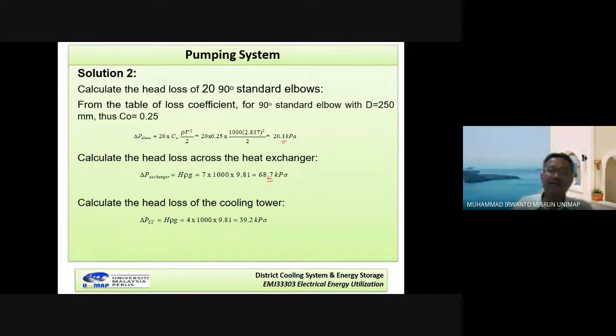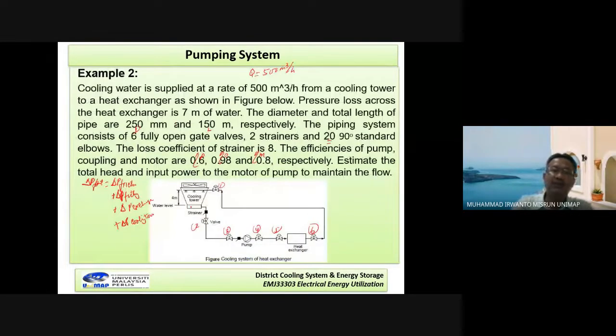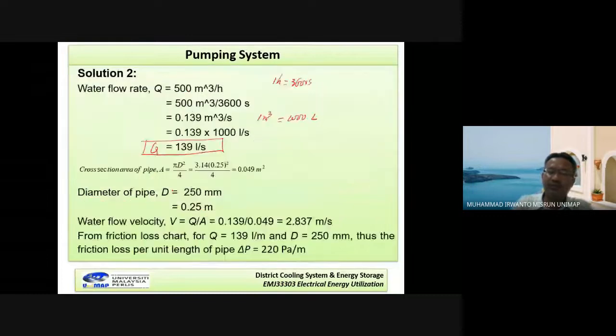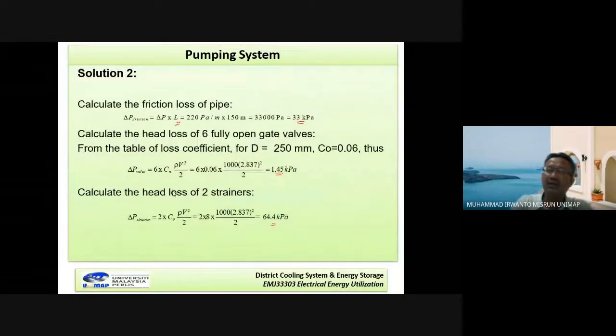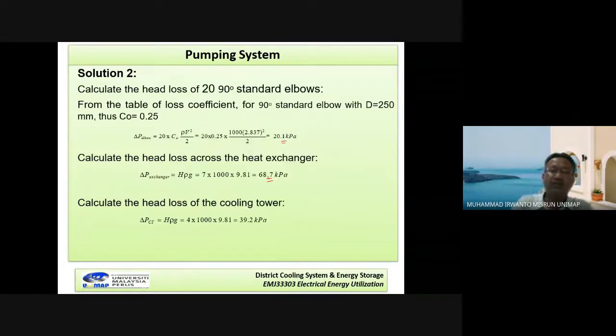And the last is the friction losses for the cooling tower. We have the head of the cooling tower is 4 meter. Refer to this figure. So 4 meter multiplied by water density 1000, multiplied by gravity. We obtain here.